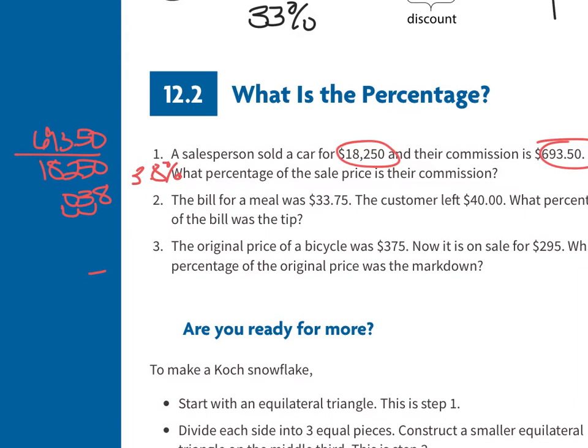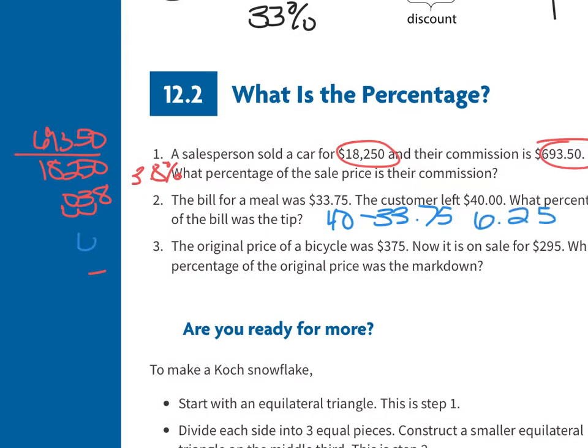Well, we first have to figure out how much he left. So $40 minus $33.75, and we got $6.25. So his tip was $6.25.